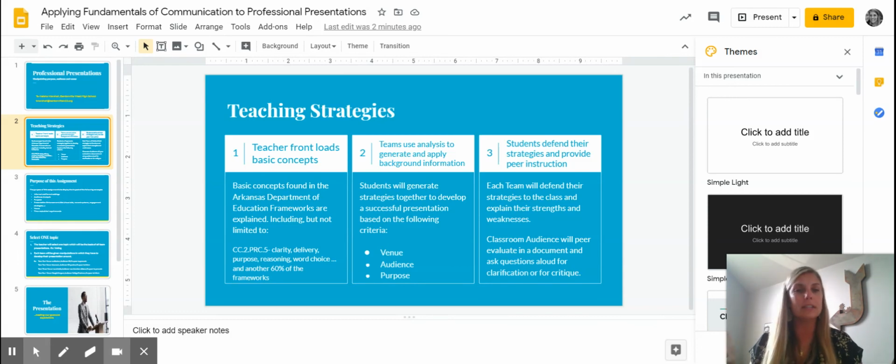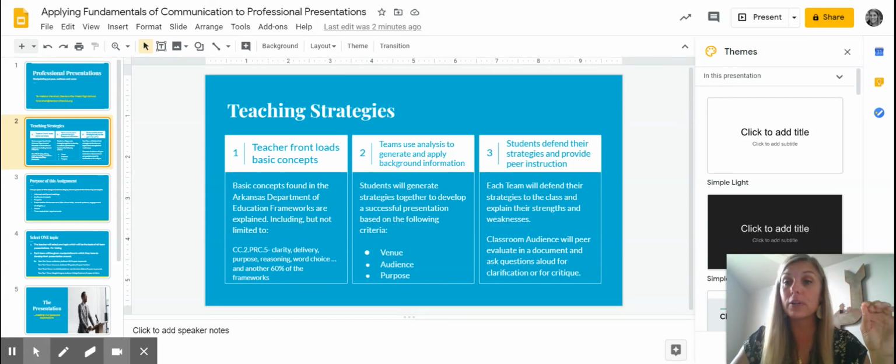So we don't want to limit the strategies too much because we want each team to provide their own interpretation, development, and analysis of what they think is appropriate for the restraints that they're given. Now, of course, I mentioned before, and it's listed there again, based on venue, audience analysis, and purpose.